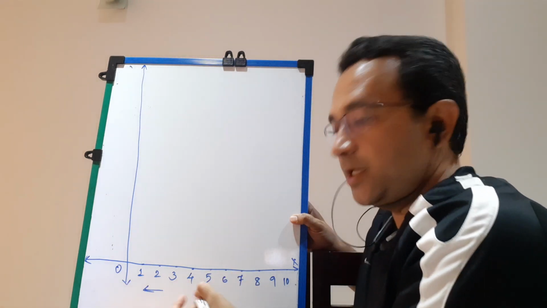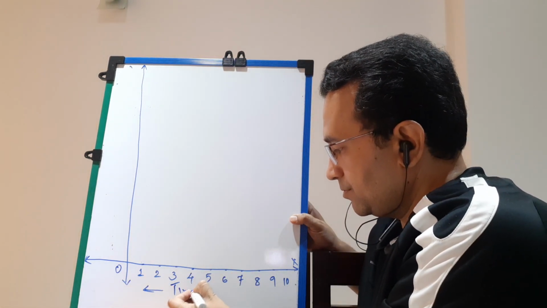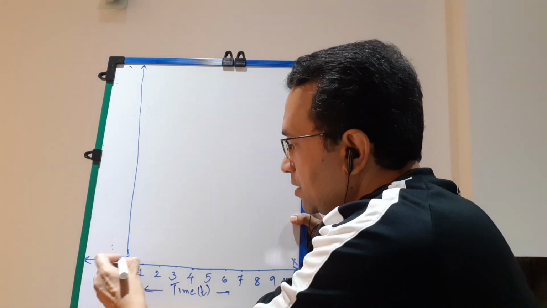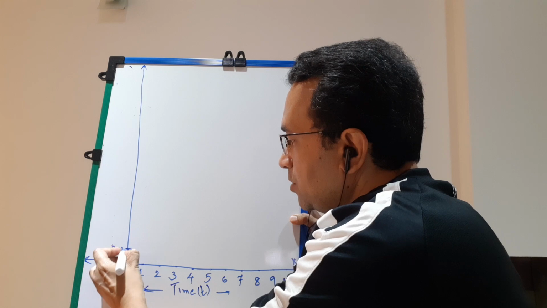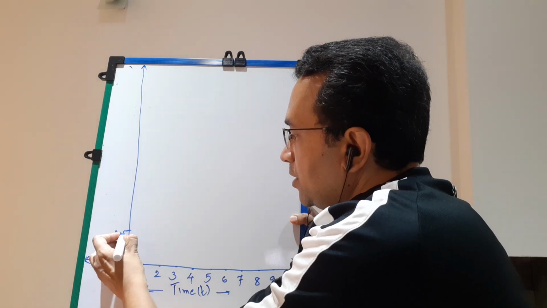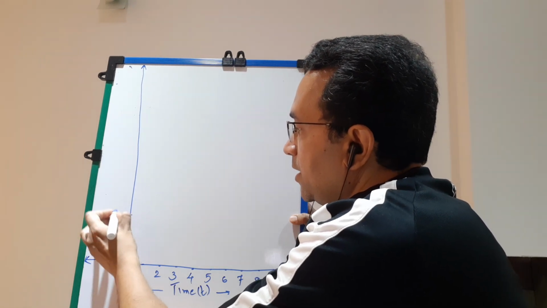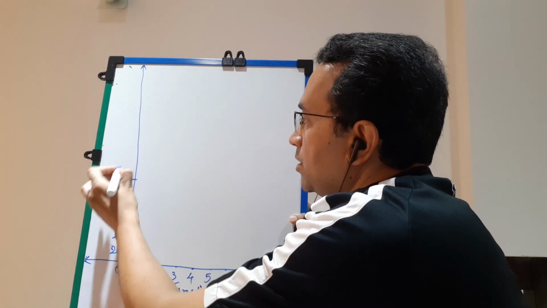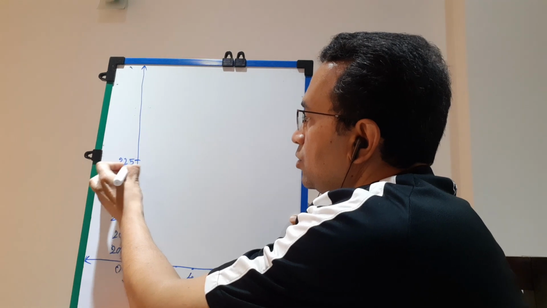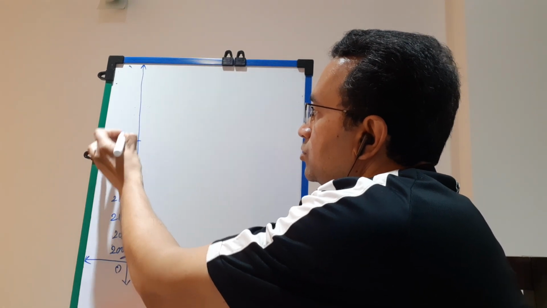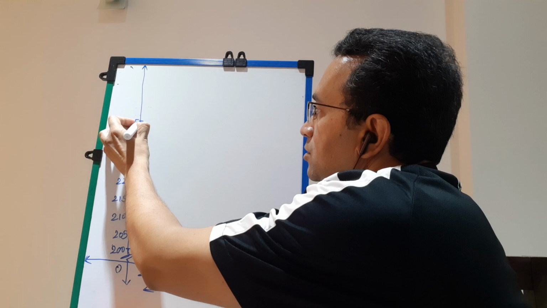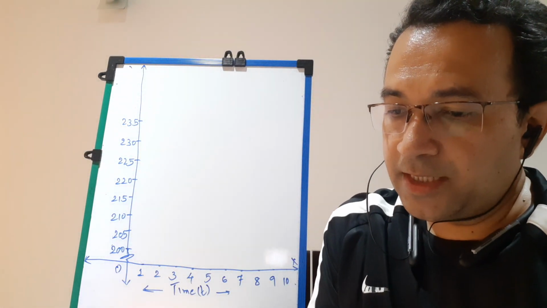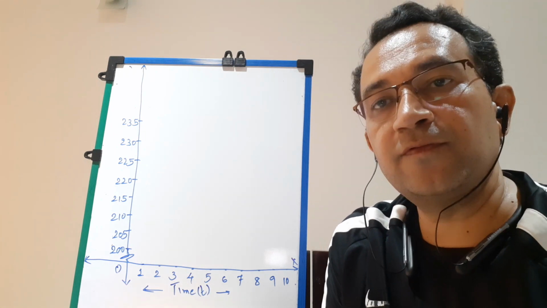Time period t. Here we take a broken graph. Start from 200, 205, 210, 215, 220, 225, 230, 235. I think the highest value is 235.